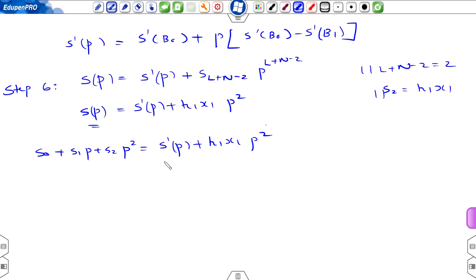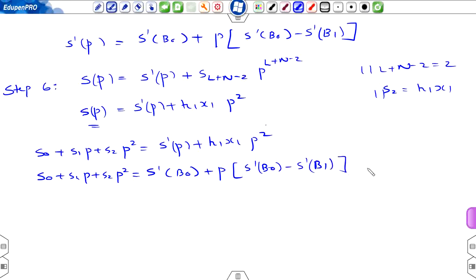Substituting the value of S prime p here, we have S0 plus S1 p plus S2 p square equal to S prime beta 0 plus p into S prime beta naught minus S prime beta 1, plus H1 x1 p square. So this equation can be represented in terms of matrix.